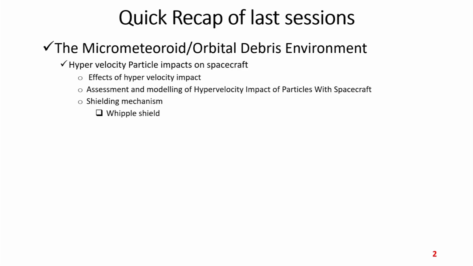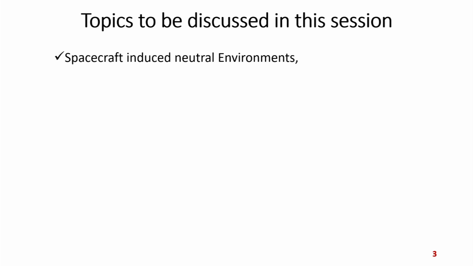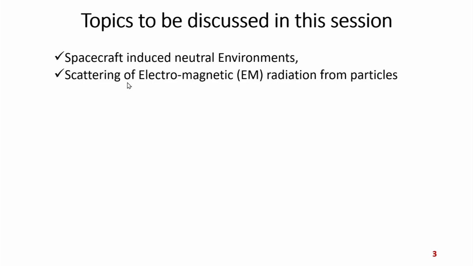We will proceed further. So far we were discussing the ambient environment, which is specifically orbit limited, but the spacecraft itself can generate particles, and we will see how it does that.